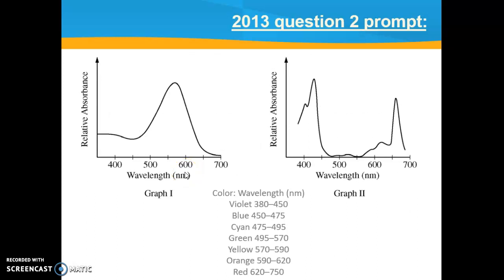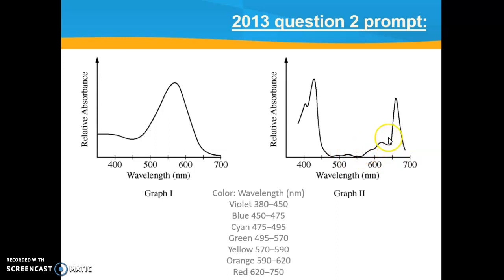Taking a look at this, we can see that for this particular pigment, which we don't know what it is, we have a fairly low absorption here at this wavelength, but then we see a spike of absorption somewhere around 550-ish, okay? This particular pigment, we see a spike of absorption around 440-ish, and then we see fairly low absorption, so we can assume that that light is being reflected.